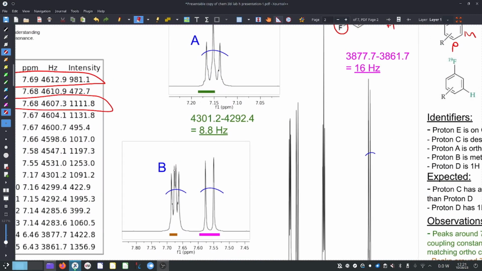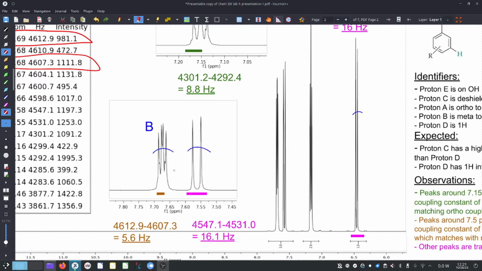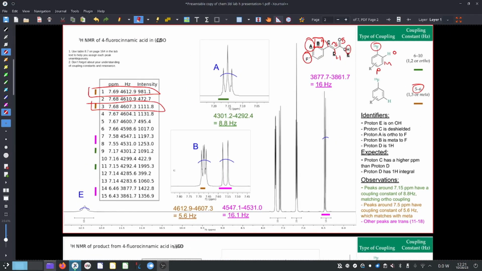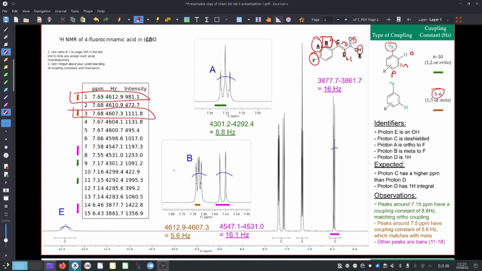Now for the remaining two, we notice that they're actually around the same coupling constant, 16. If we think back, that means like in an earlier lab we should have seen differences between trans and cis alkene, like their coupling constants, but we see that in a trans alkene the coupling constant should be around 11 to 18 hertz.